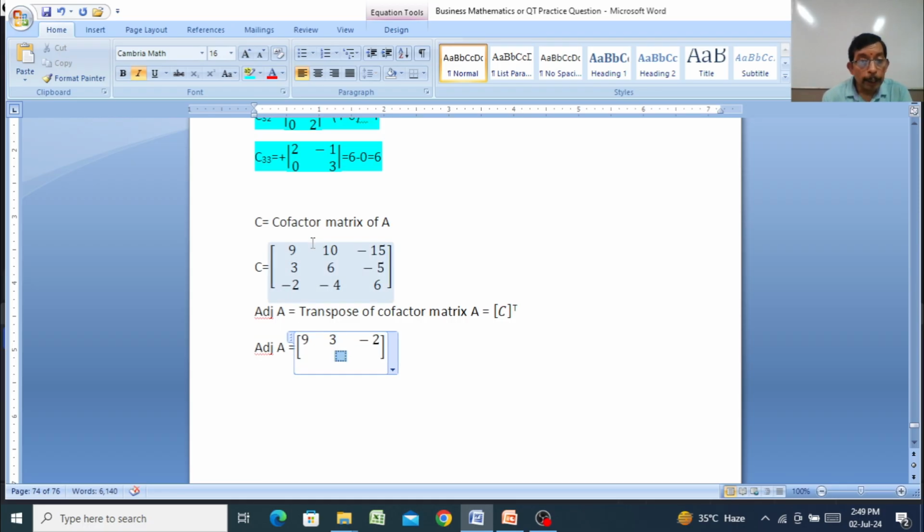Now the second column is interchanged with the second row, so 3 is interchanged with 10, 6 by 6, and minus 4.